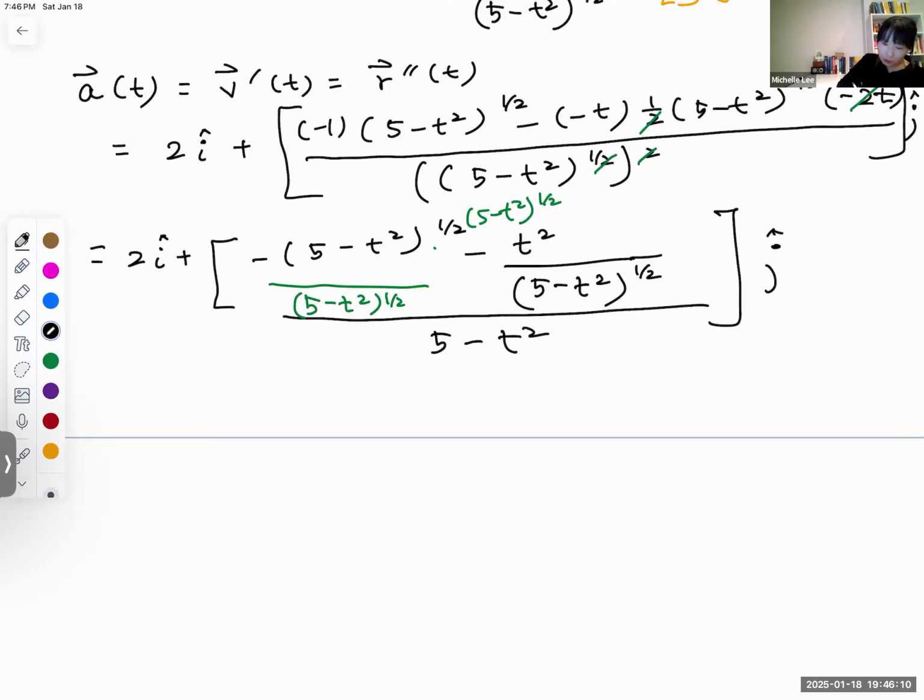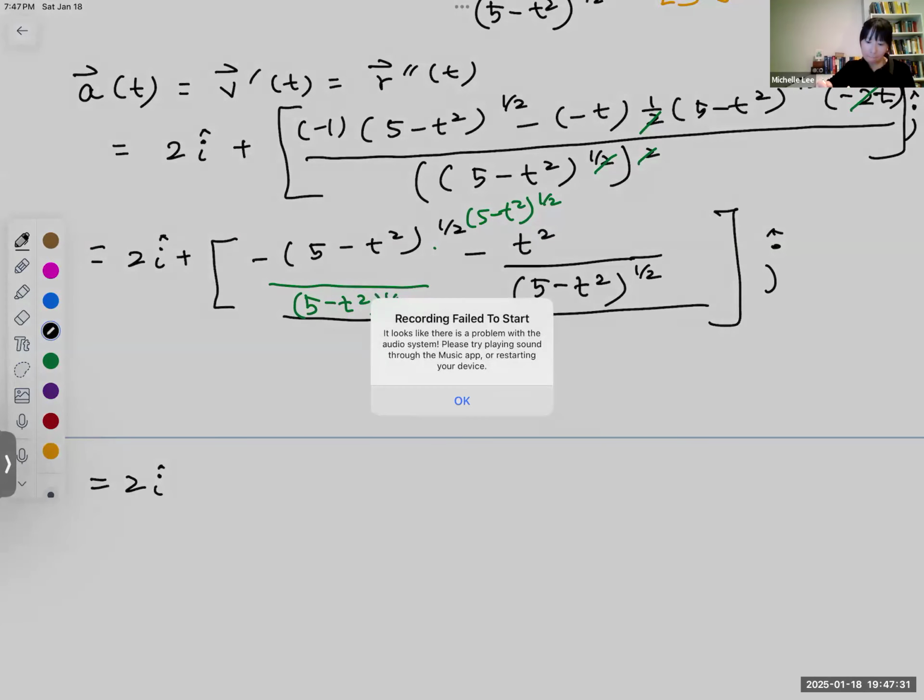Okay, so that will be 2 i hat, and we keep the negative.